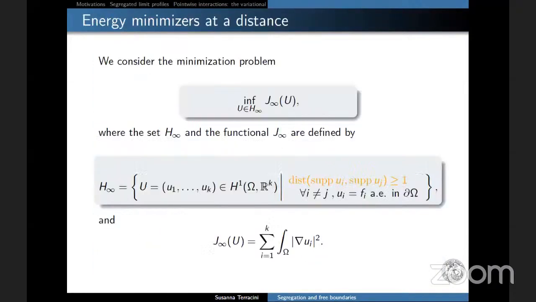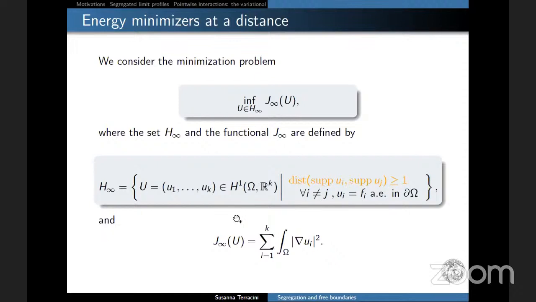Okay, now let's go to the interaction at a distance, and let's look at the variational problem. So we have a functional which is already defined on segregated states, but now segregation has a stronger meaning, in the sense that not only are supports disjoint, but the supports of the different components must have a distance at least 1, or at least whatever.